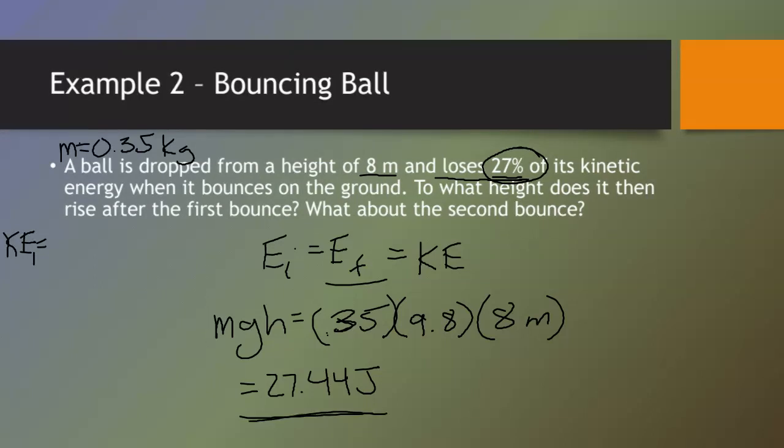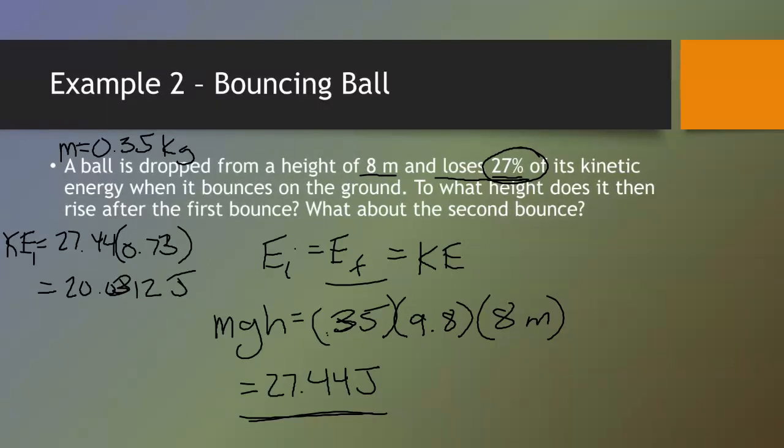Right, the remaining 73%, or 27.44 times 0.73, which gives us 20.0312 joules.